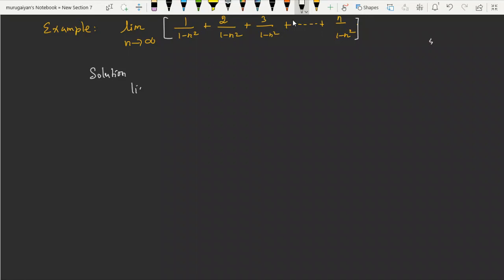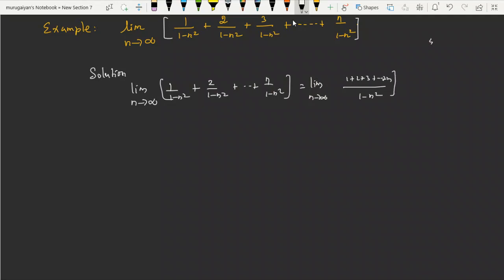So the denominator is fixed, that is 1 minus n square. The numerator is 1 plus 2 plus 3 up to n.